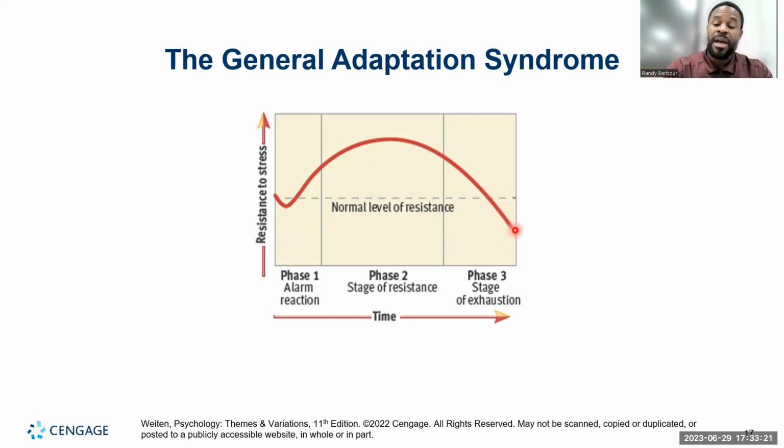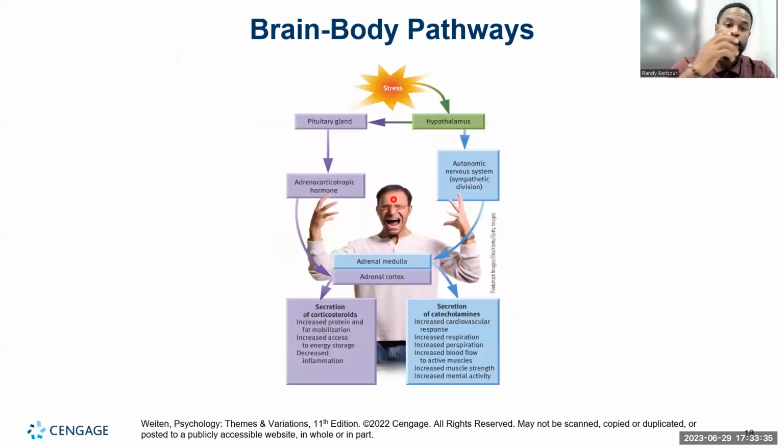It hurts us physically, and it hurts us mentally, right? So we have to think about ways that we can cope so that we can keep this normal resistance level constant, and our body's going to respond a lot better when we can cope in better ways.